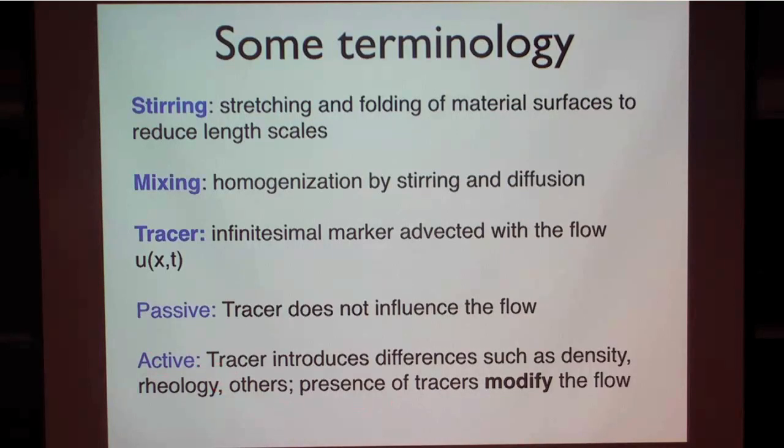Or they can be active, in which case an active tracer would influence the flow. It might be more dense than the material that it's embedded in, or it might cause the viscosity to change. So that tracer is going to affect the flow that it's in. It will modify the flow by its presence. Those are just terms to keep in mind.